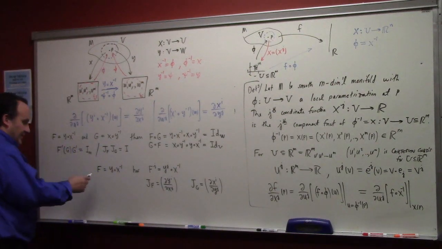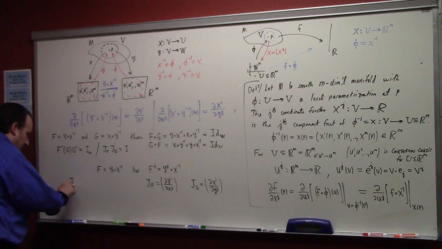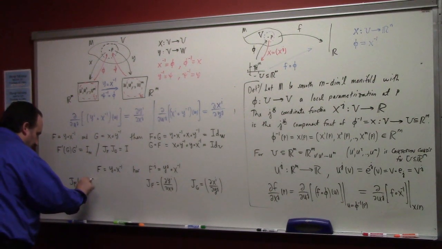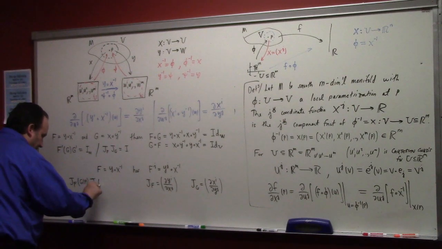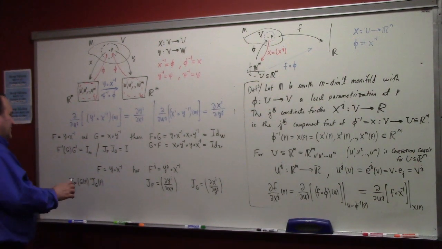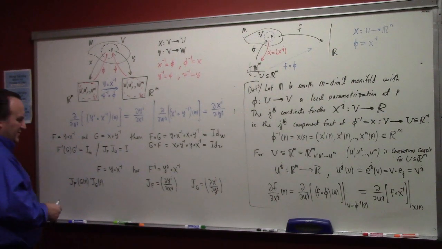So let's see here. Let me write it out in stupidly gory detail. We're supposed to do the Jacobian of f at g of p, times the Jacobian of g at p. So g of p is what? I believe it all simplifies down to just be evaluation at p when you look at it.